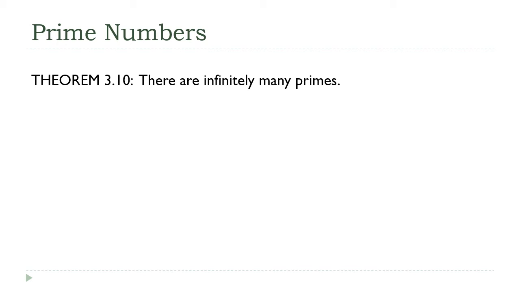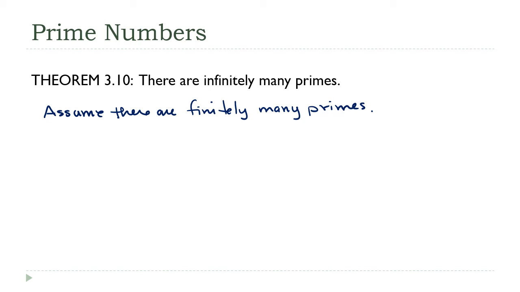I'm trying to show that there are infinitely many primes, so I'm going to assume the opposite: assume there are finitely many primes. I'm going to show that this assumption leads me to a contradiction, to an invalid conclusion.